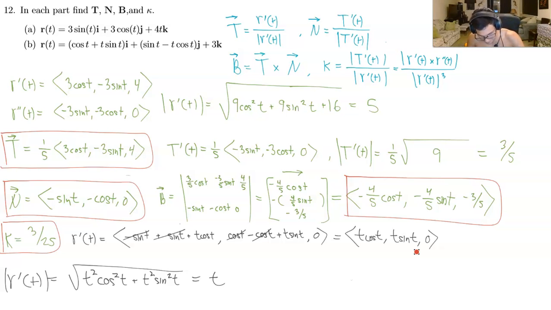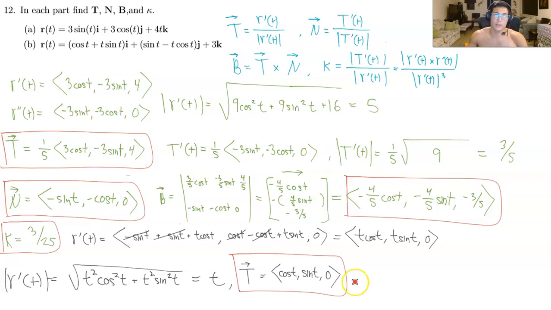Okay. Well, if we know what r'(t) is and the norm of r'(t) is, then we found this guy. So we know that this guy is just equal to this guy divided by this guy, which just turns into what? Cosine t, sine t, 0. There we go.